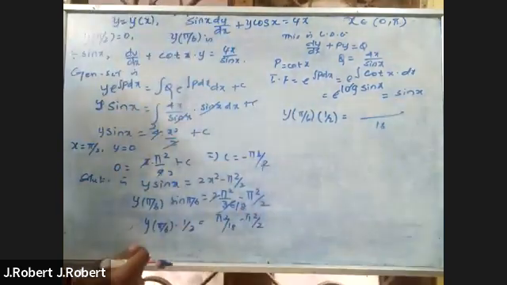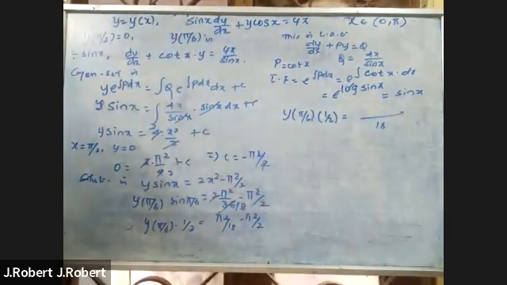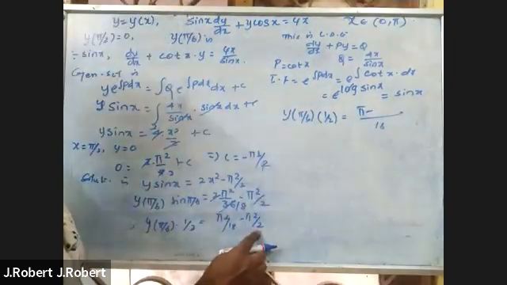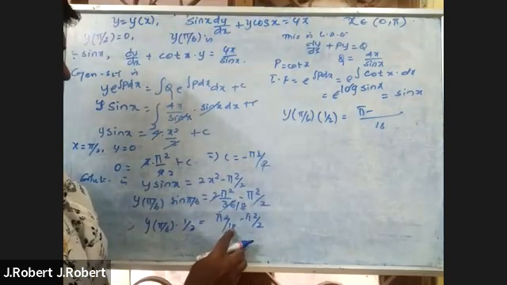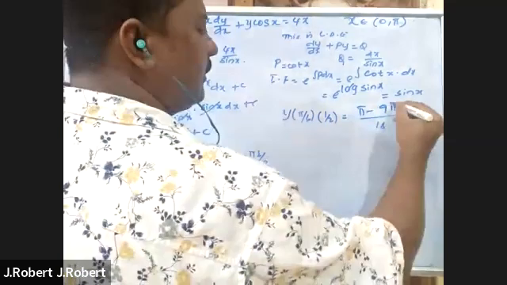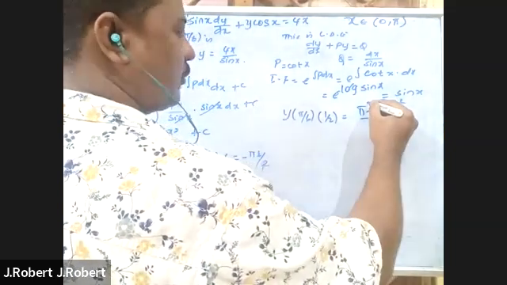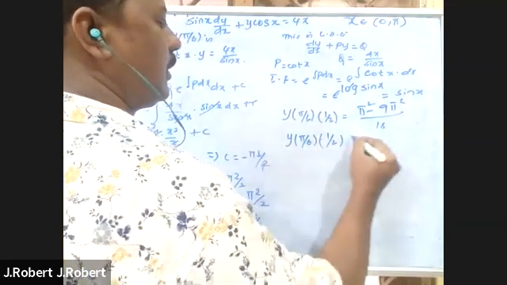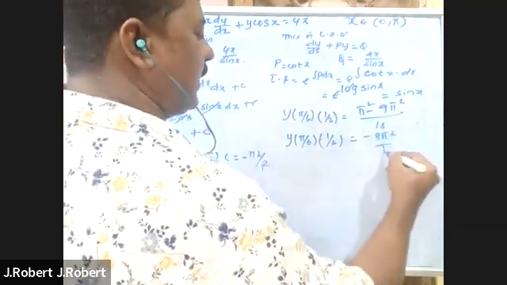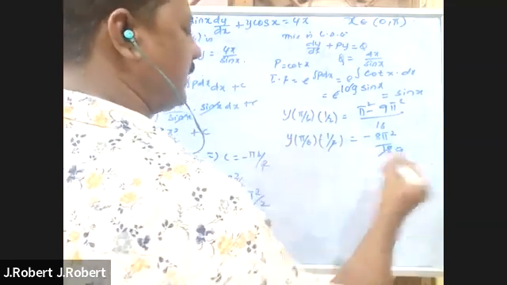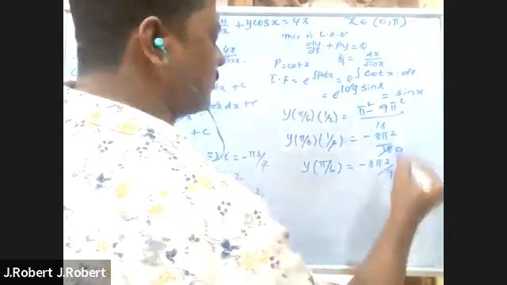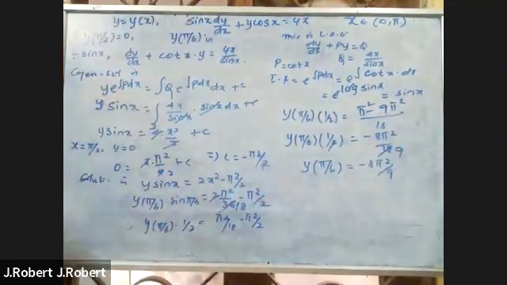Therefore, we get pi square minus 9 pi square by 18, which is equal to y of pi by 6 into 1 by 2, equal to minus 8 pi square by 18. So the 2 and the 18 go 9 times. Therefore, y of pi by 6 is equal to minus 8 pi square by 9. Please take down y of pi by 6 is equal to minus 8 pi square by 9.